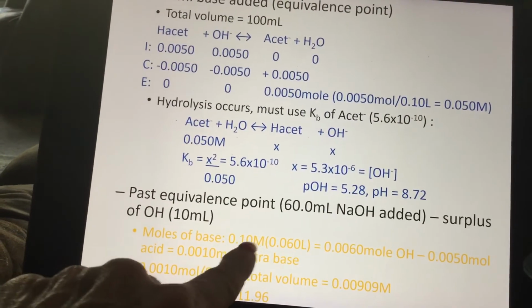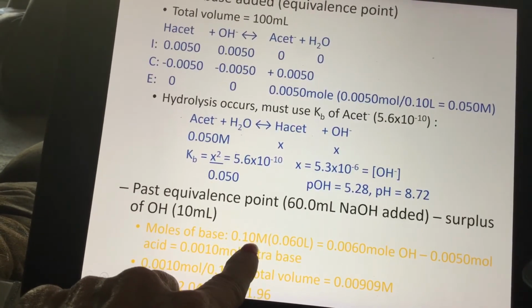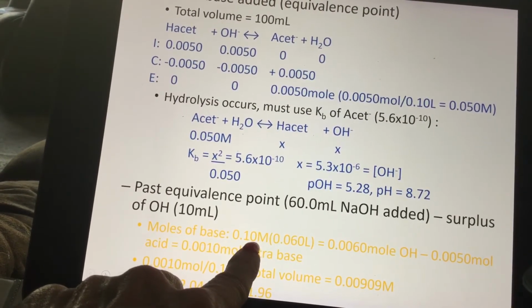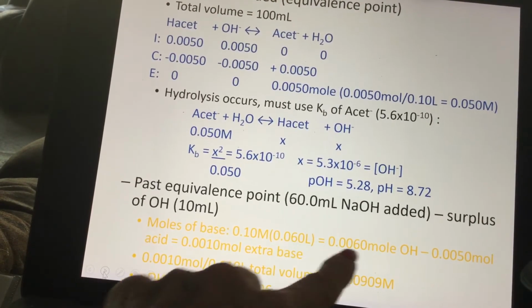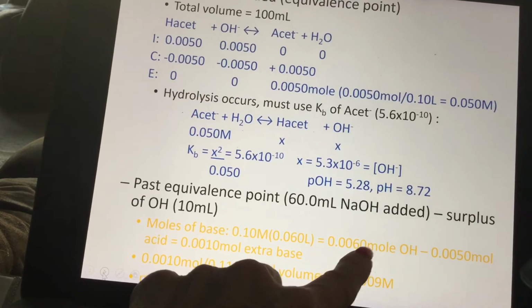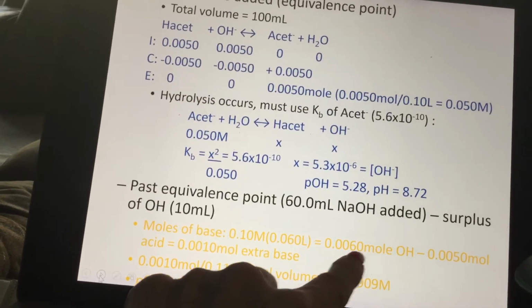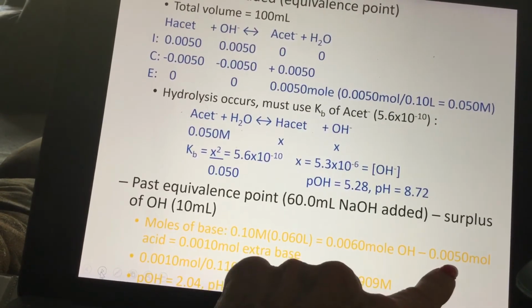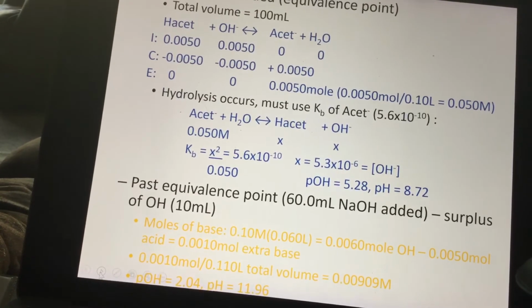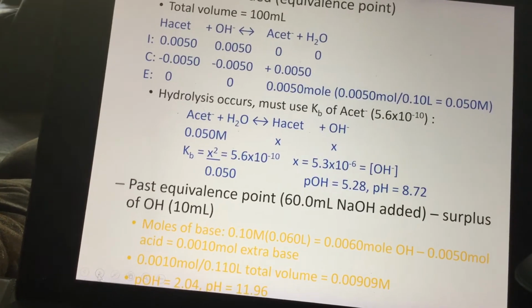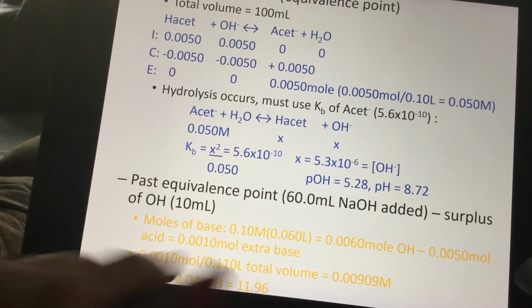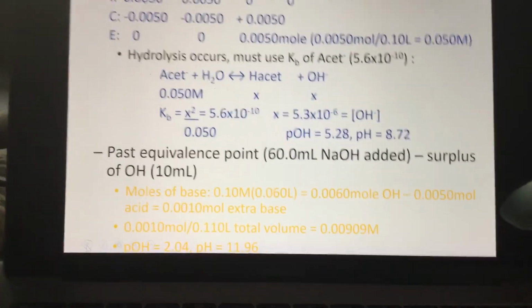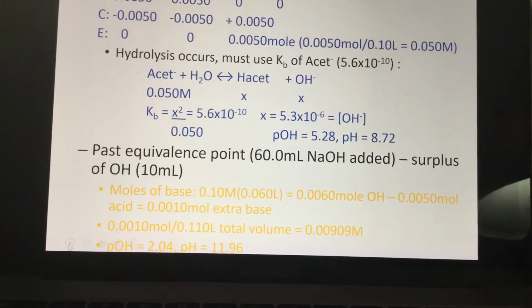So if we convert that to moles, we have our 0.1 molar sodium hydroxide and 60 milliliters, that gives us 0.006 moles of hydroxide ion, but only 0.005 moles of it can react with the acid. And so that leaves us with 0.0010 moles of extra base floating around in the flask.